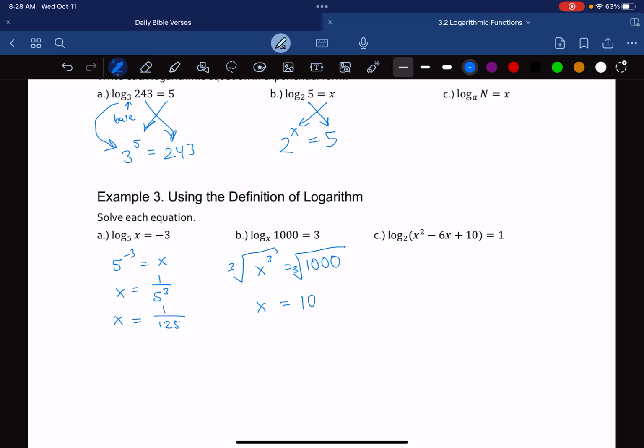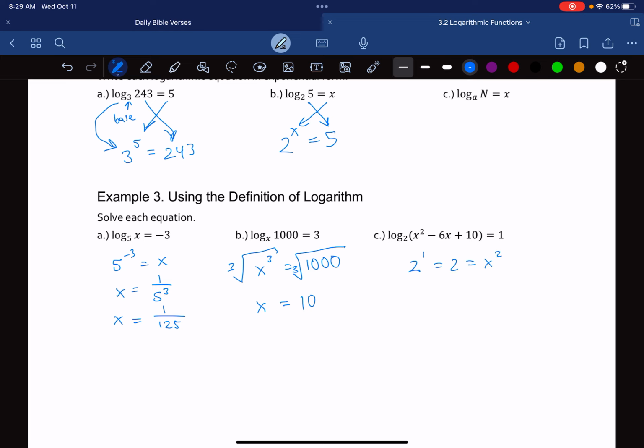All right. This next one is a little bit more complicated, so I'm going to go ahead and do this one out for you instead of leaving it for you. Essentially, what we want to do is figure out what makes the inside equal 1. So if we think about this, what we're saying is 2 to the 1. What is that going to equal? That's going to equal 2, right?